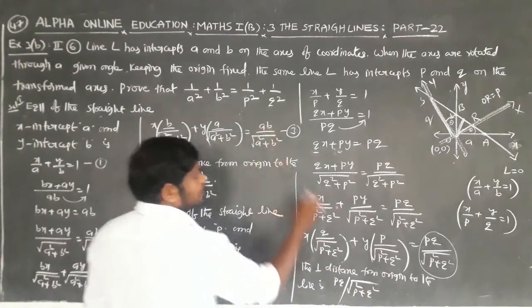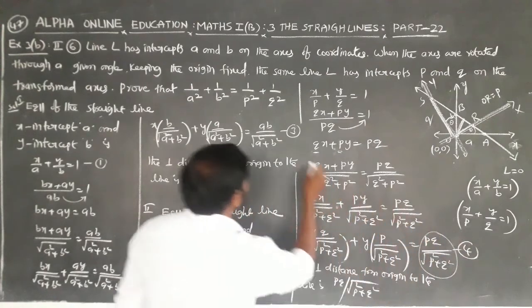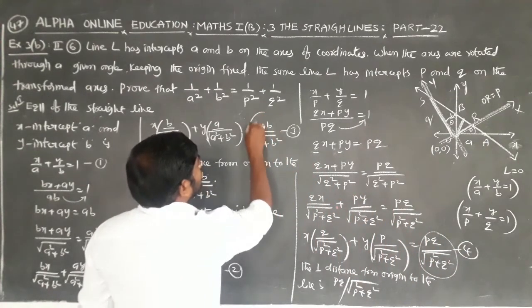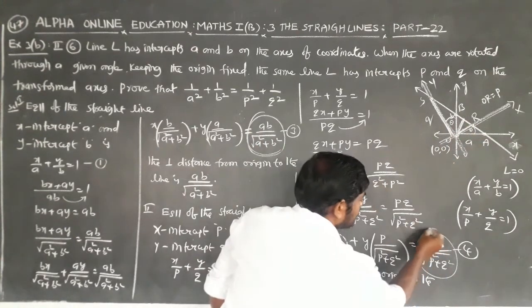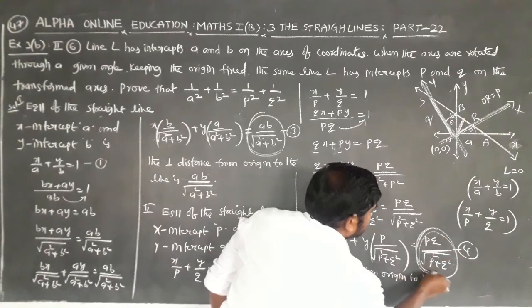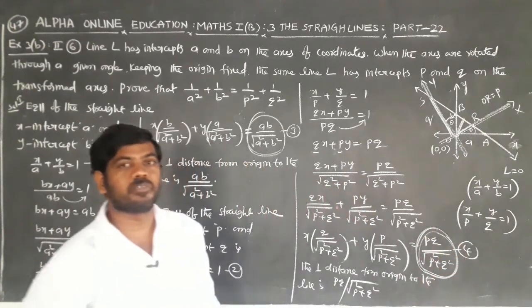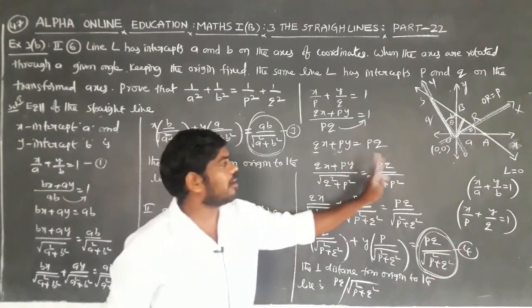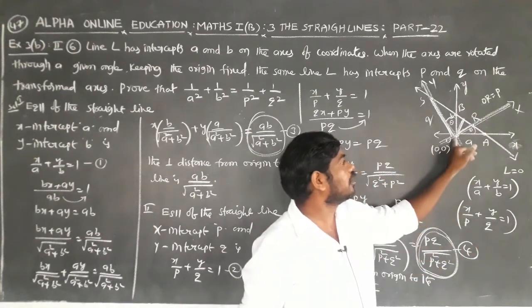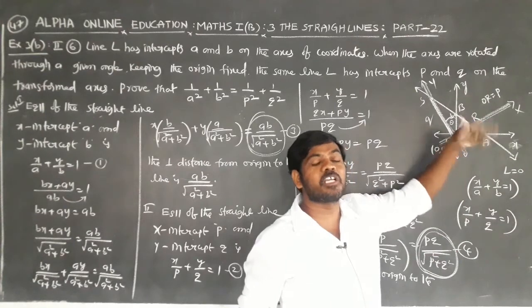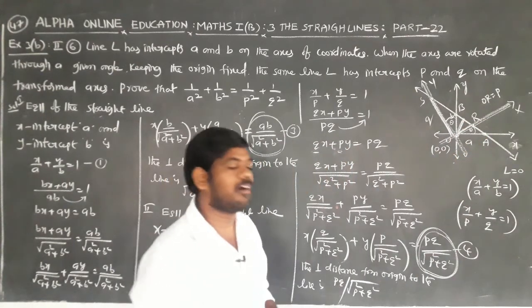This is also the perpendicular distance from the origin to the line. Here the origin is fixed. The line is at an equal distance from the origin.